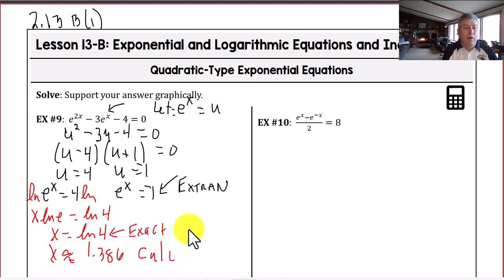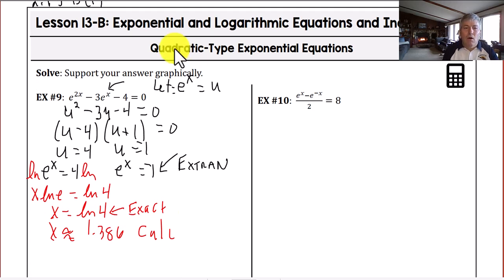Now, if we did want to verify this graphically, all we would have to do is put this into our graphing calculator and find where that crosses the x-axis. So it should cross somewhere between 1 and 2. And that graph actually looks something like this and comes up like that.